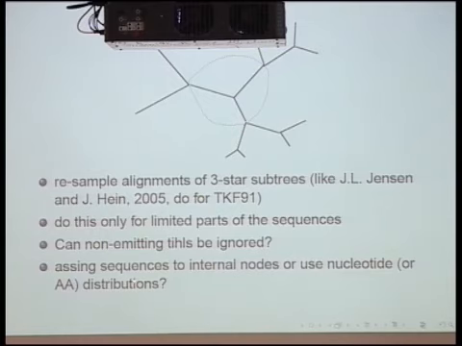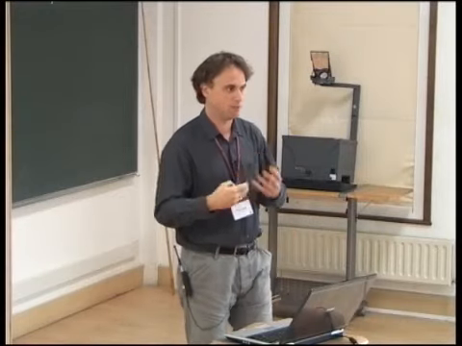And another thing is, one could think about assigning sequences, really sequences, to the internal nodes and change them during the sampling strategy. Or one could also use just sort of wildcards, which have then some nucleotide or amino acid distributions. And one has to check which of the two options is better.